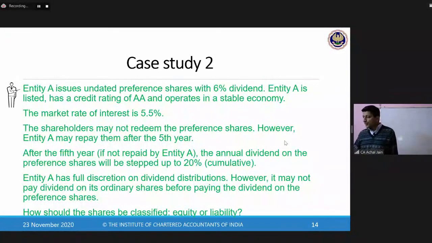And you should also give reasons briefly why you would call this to be an equity or a liability. And as I told you, the focus of our discussion today will be all about equity and liability.